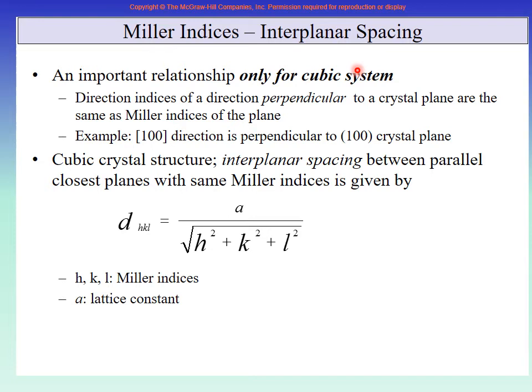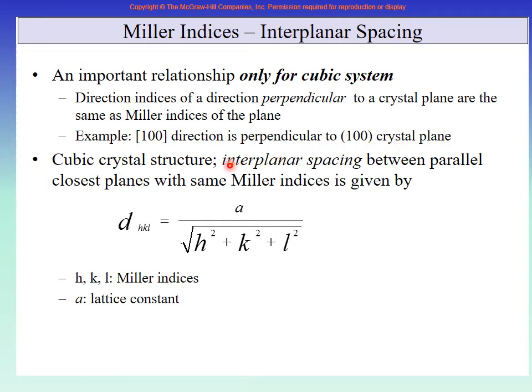So they are saying that first of all, the direction [1, 0, 0] is perpendicular to the plane (1 0 0). You see, these are brackets, the rectangular ones, and these are parentheses without commas. When it is without commas, it is not points. So [1 0 0] direction is perpendicular to (1 0 0) crystal plane. That is how vectors are defined. So this is very nice.